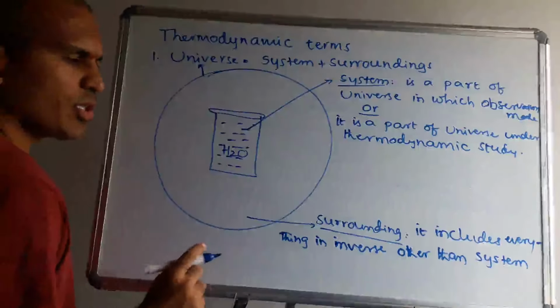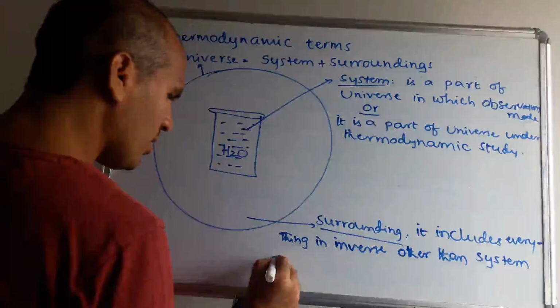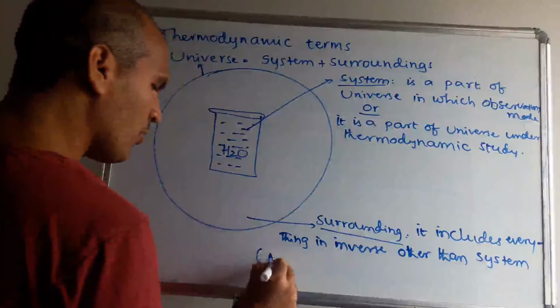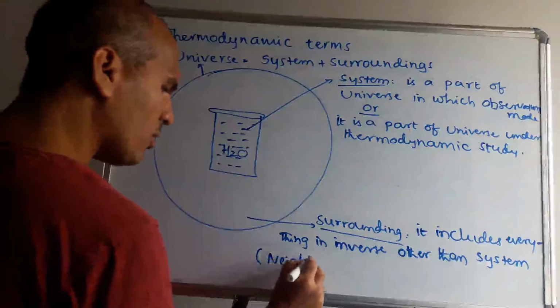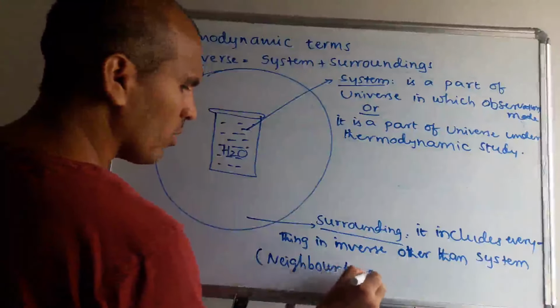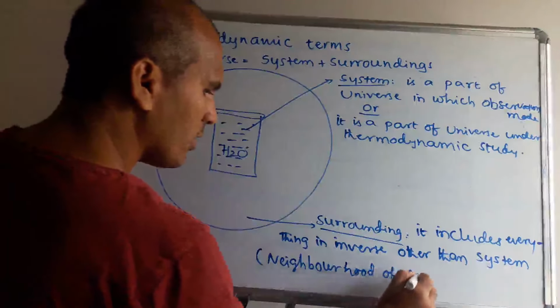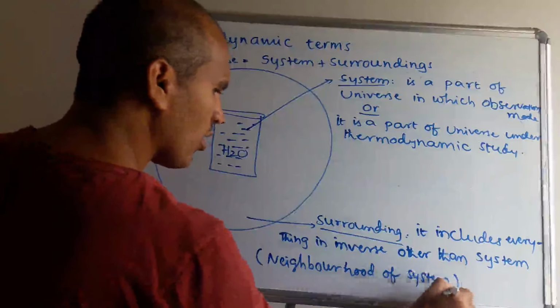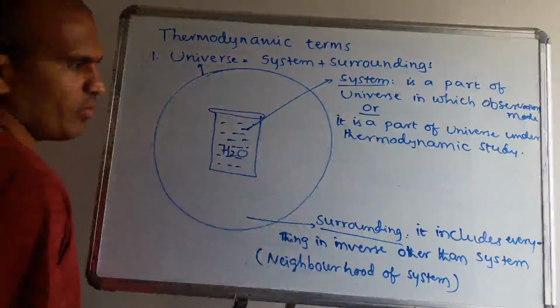That is called the surrounding. Simply, in brackets you can note down, it is the neighborhood of the system.